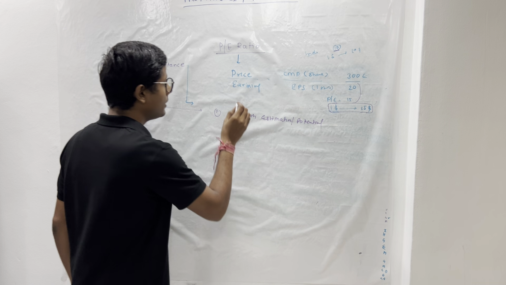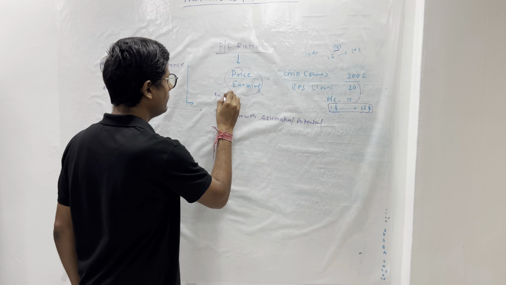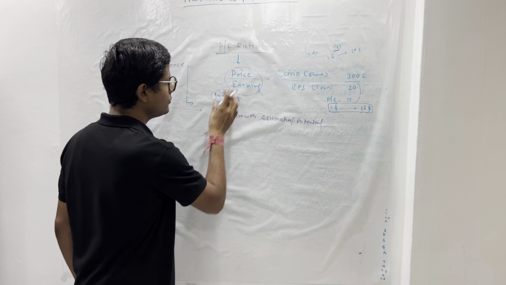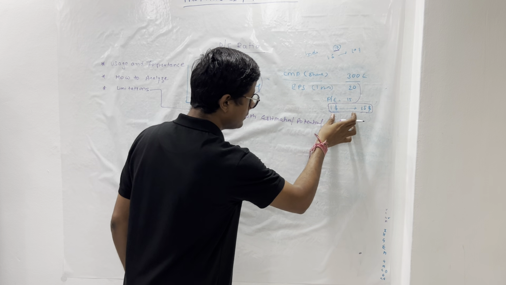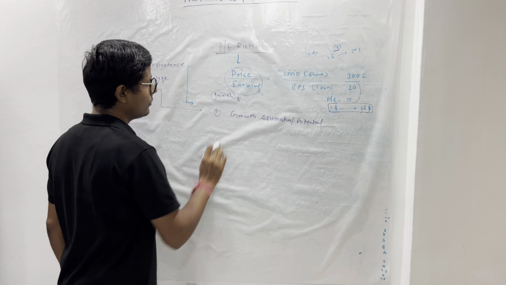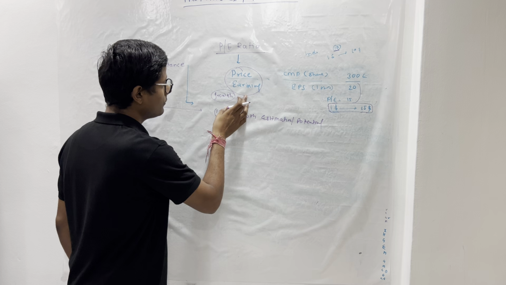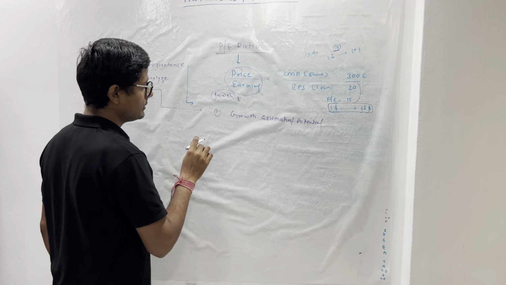But in the formula itself, there is no growth element considered. While drawing the conclusion we consider it, but there is no adjustment for growth. Since there is no adjustment for growth, sometimes it's difficult to analyze.